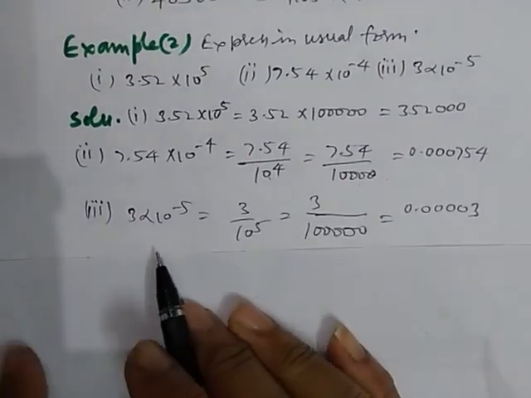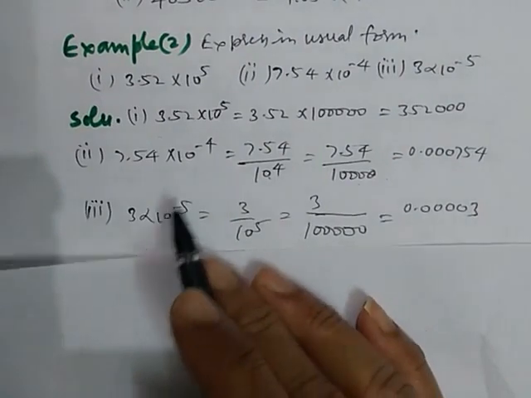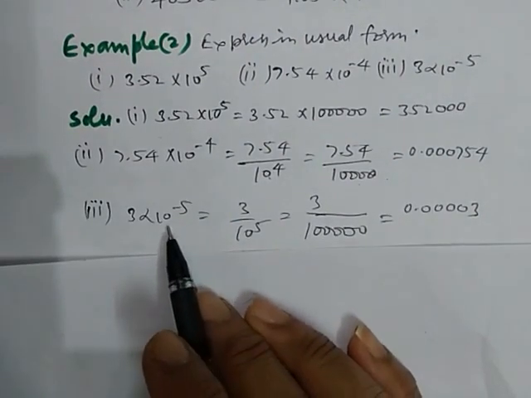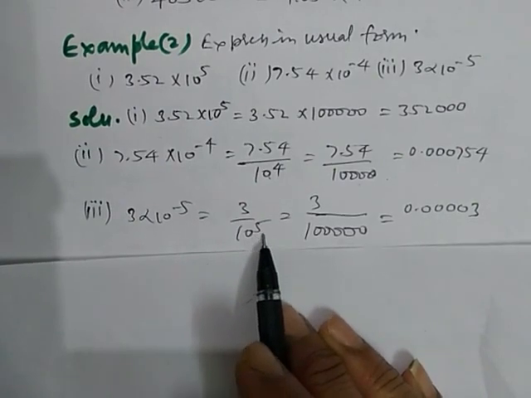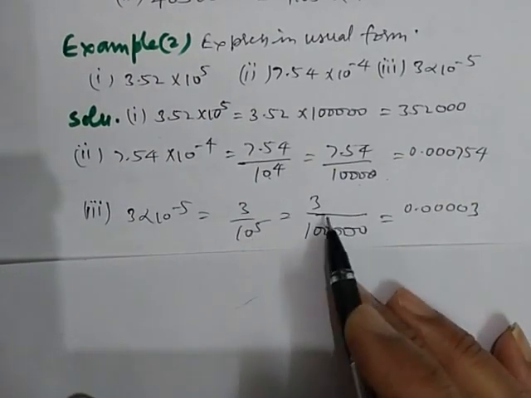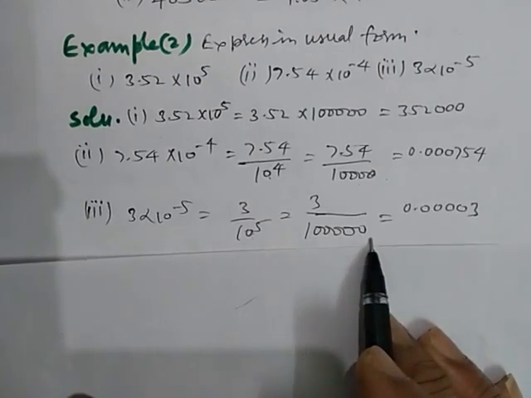Now the next one, 3 into 10 to the power minus 5. First we send this 10 to the power minus 5 to the denominator, so this becomes 10 to the power 5. Now write this as 1 and 5 zeros.